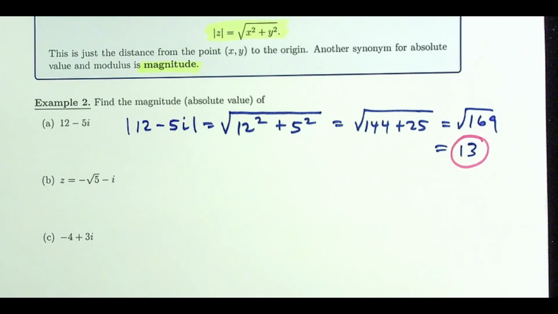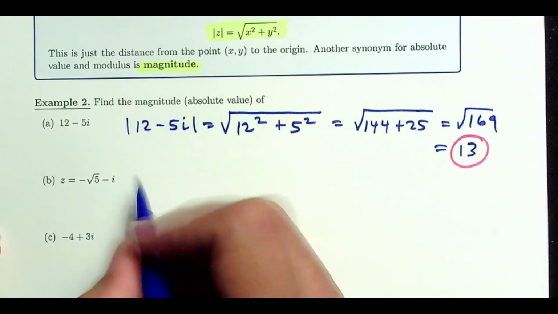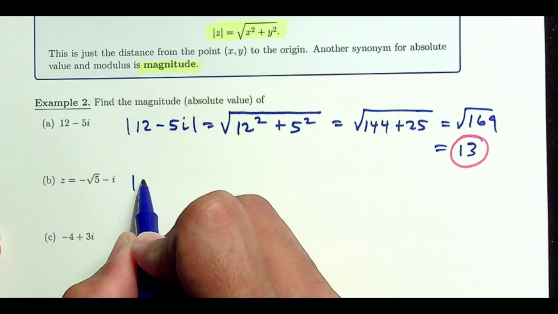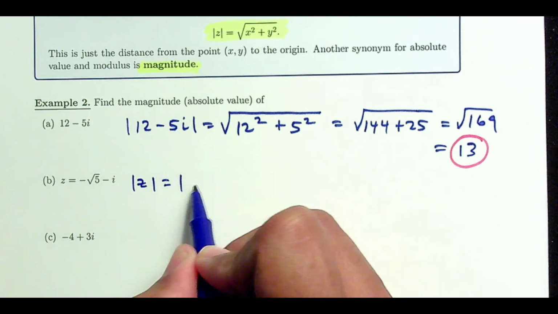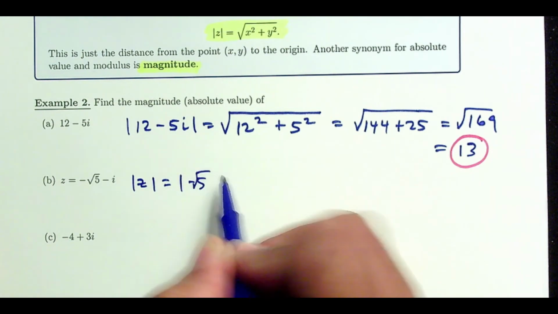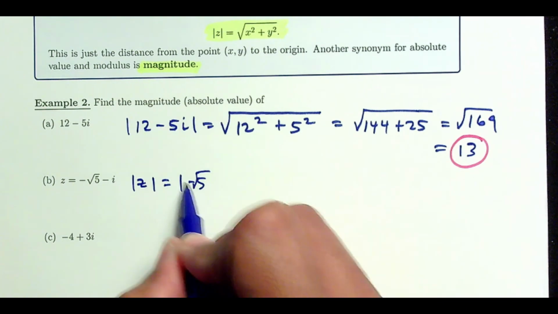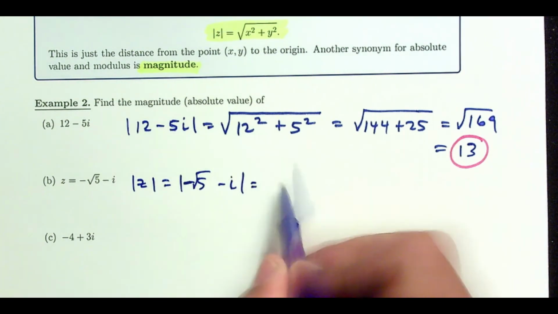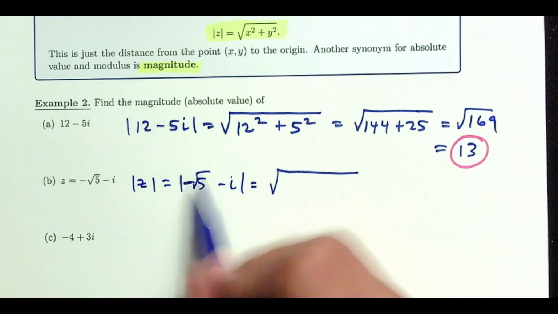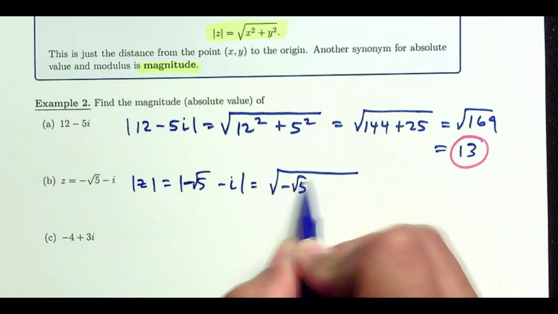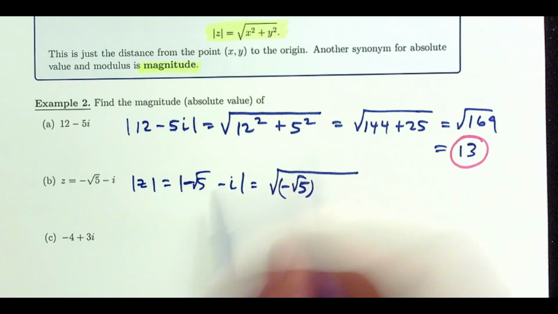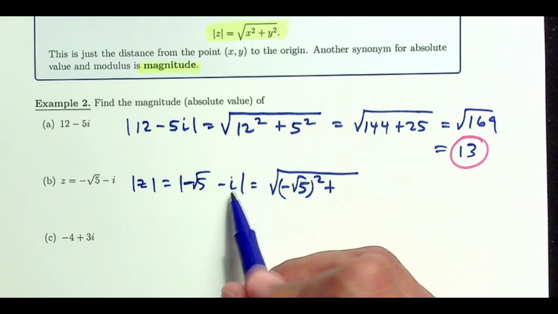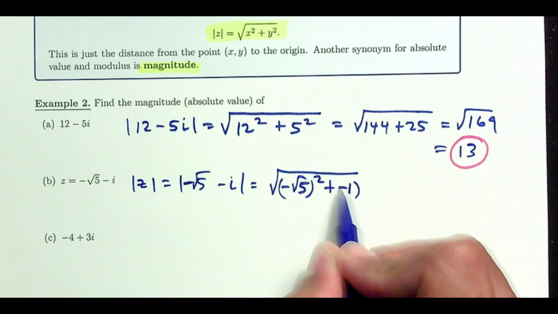All right, assuming that you did that, let's do these. What is the absolute value of z? They call it z in this problem. So the absolute value of negative square root of 5 minus i. Well, this is the square root of the x coordinate, right? The real part, which is negative square root of 5 squared, plus the imaginary part, which is negative 1, is a coefficient only.